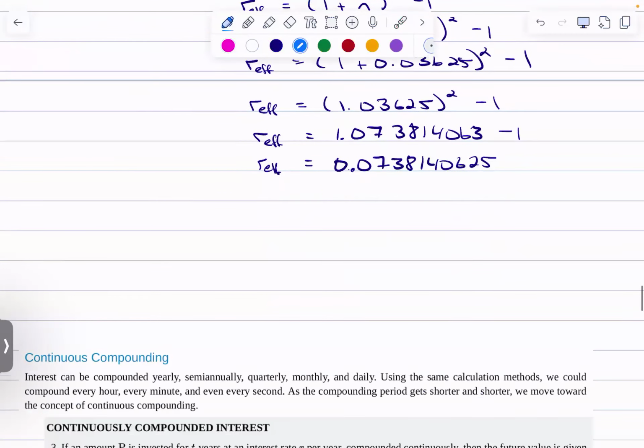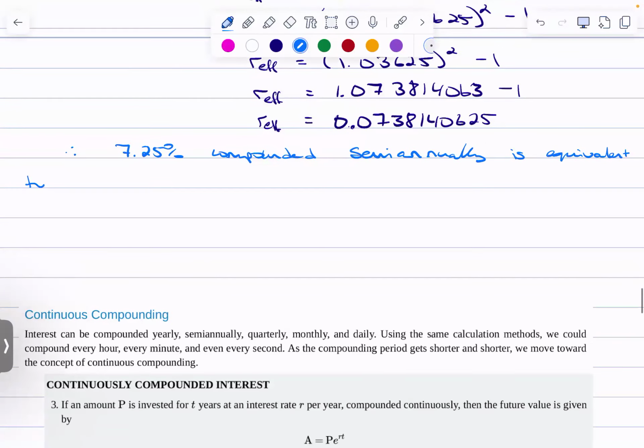And so therefore, 7.25% compounded semi-annually is equivalent to approximately 7.38% compounded annually.